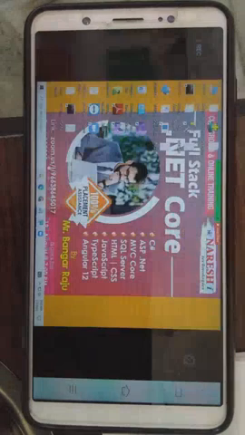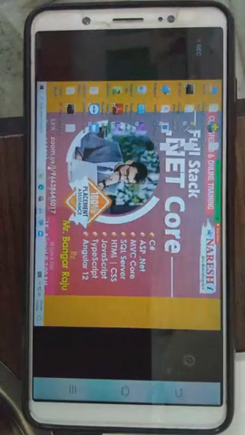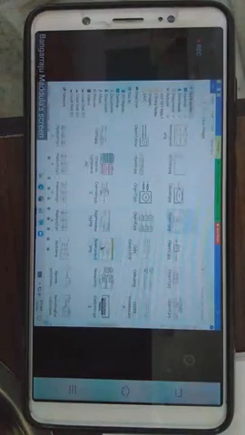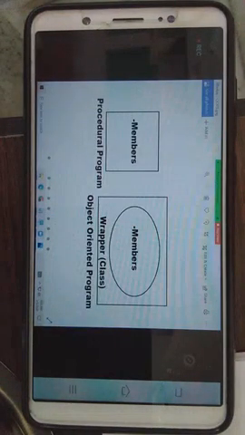And you remember, I already showed you one picture earlier. One more time I'm showing you. Look at this picture. In procedural programs, we directly write the code in the program. But in object-oriented programs, we don't write the code directly.